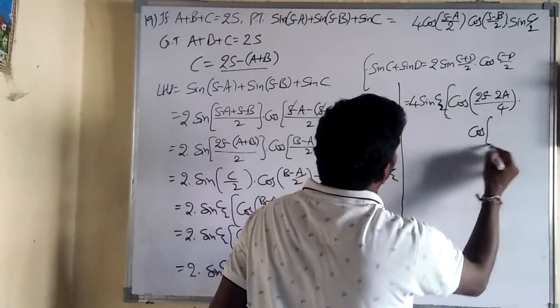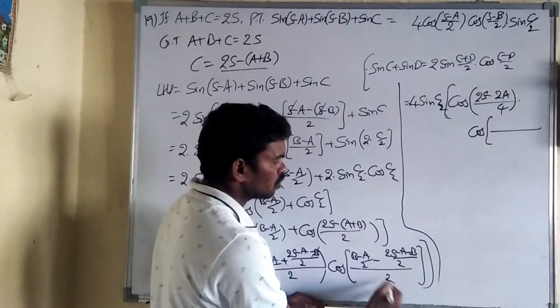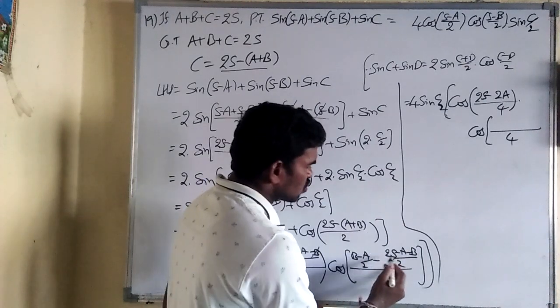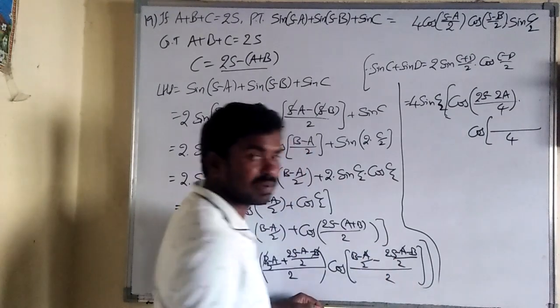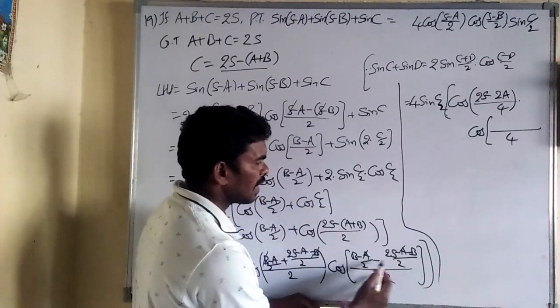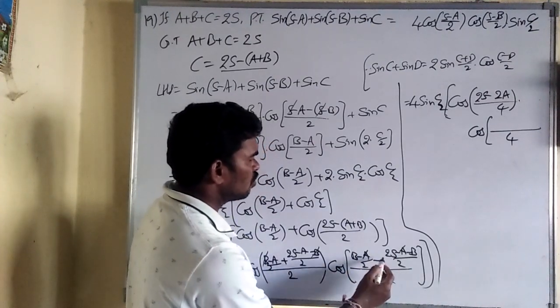Into this step again cos into. So cos into, here also 2 is the LCM, goes to the denominator, 2 into 2 is 4, and b minus a and minus 2s minus into minus a becomes plus a. So plus a minus a will be cancelled. See here, minus into minus a, plus a minus a becomes cancelled. Minus into minus b is plus b, plus b and minus 2s.